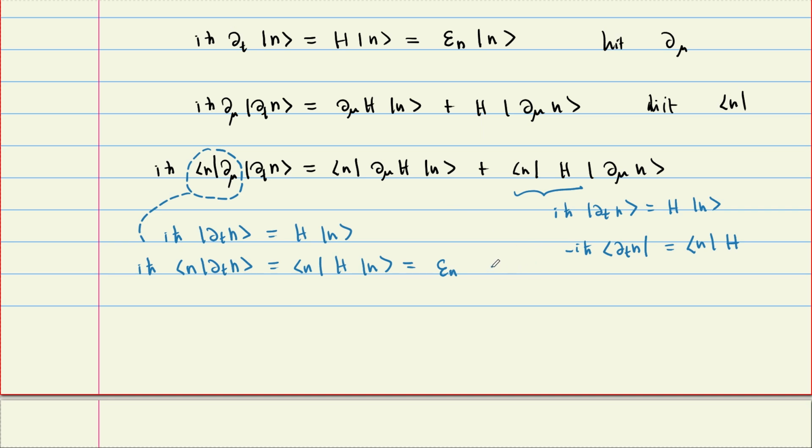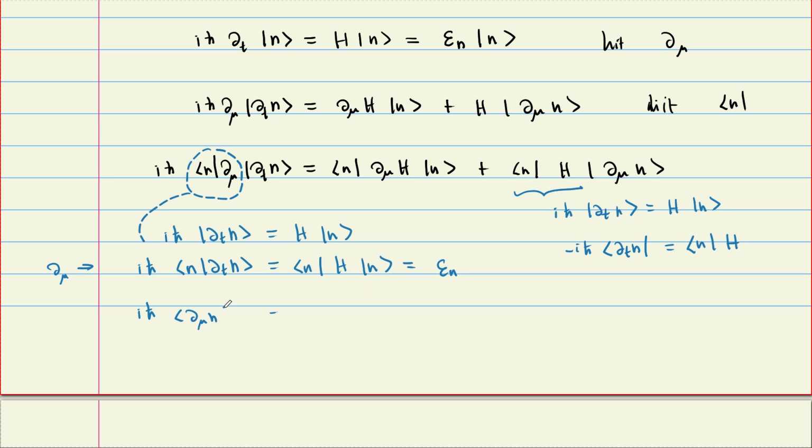And now I hit with del mu. Let me write it on the other side. Del mu, and this del mu can act on here or there. So let me erase this.